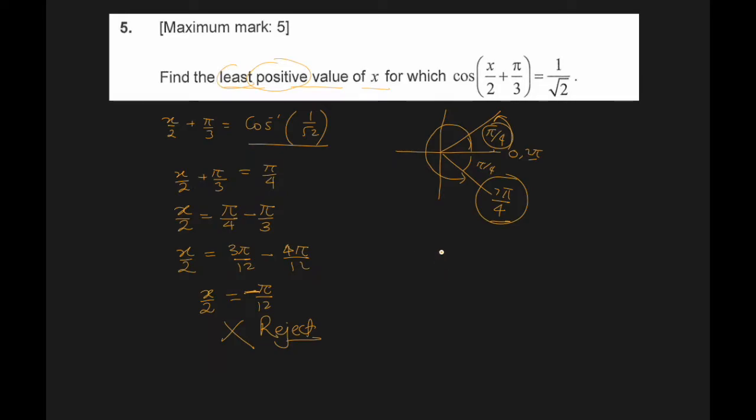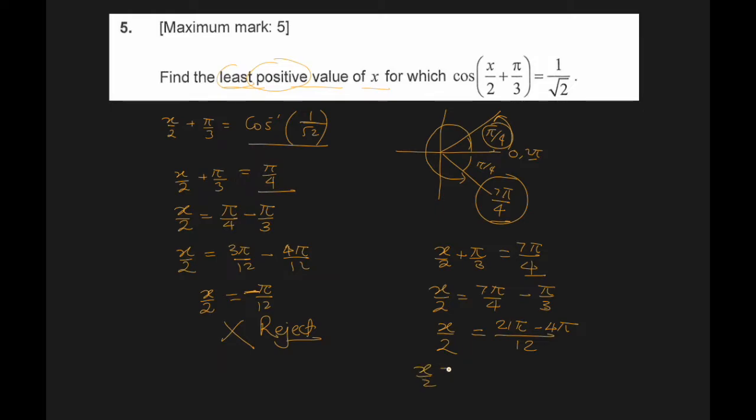Let's do that. So x over 2 plus pi over 3 equal to 7 pi by 4 now. Because positive 1 over square root 2 is for pi by 4 or straight away 7 pi by 4. So x over 2 equal to 7 pi by 4 minus pi by 3, and this will be positive. LCM is 12. So 3 times 7 is 21 pi minus 4 pi equal to x over 2.